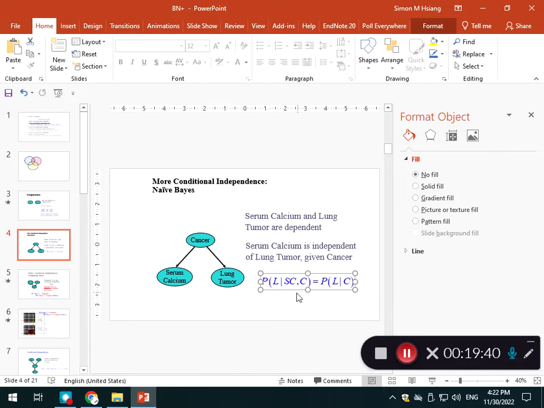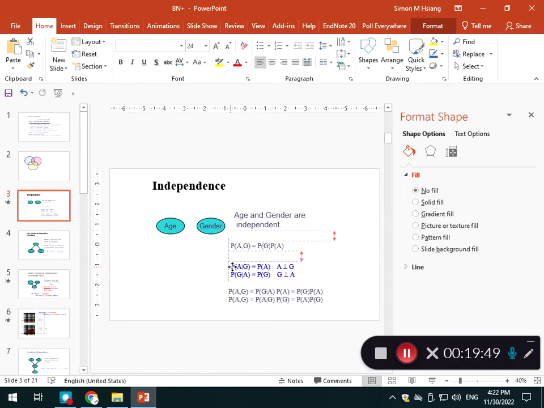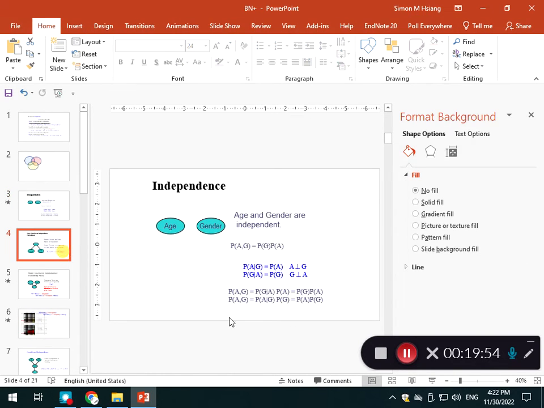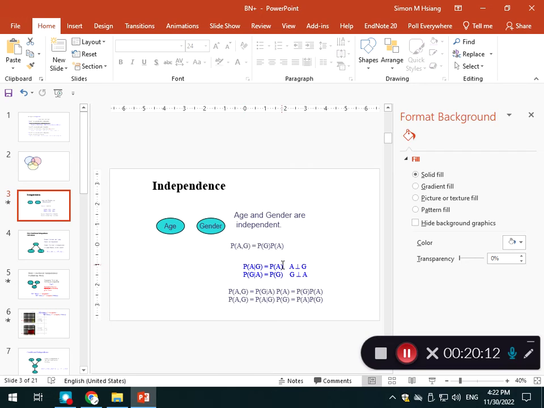So now, what we're saying about independence is that providing extra information is of no use. If I know serum calcium, it is no use, because I already have C involved. You follow me? Here I don't need anything extra.